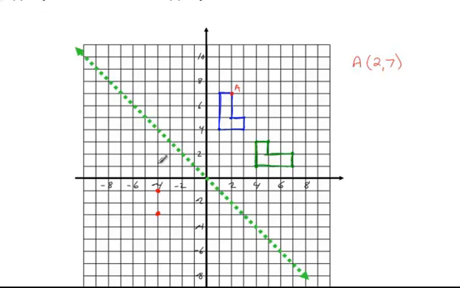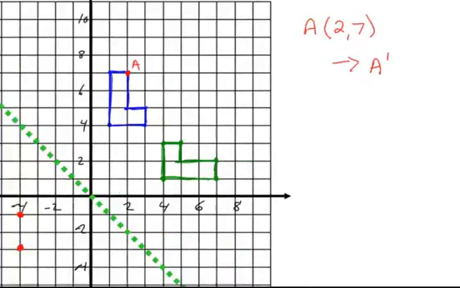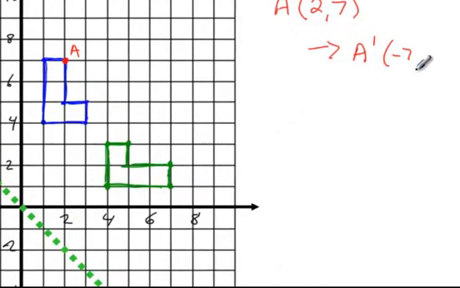So if we move half, 1, 2, 3, 4 diagonals away, we end up over here. And where is that? That's negative 7, negative 2. Okay, so this moves over to A prime. Okay, that's the new image, and it moves over to negative 7, negative 2.